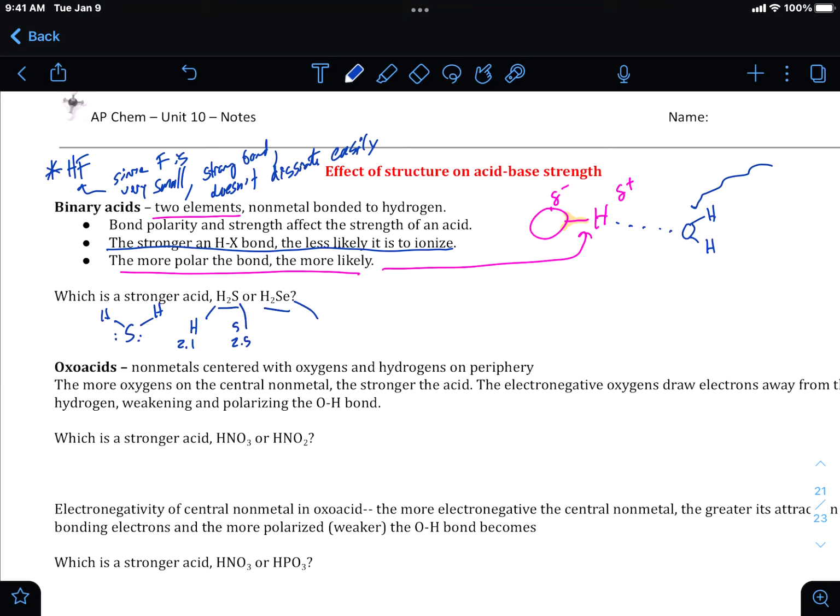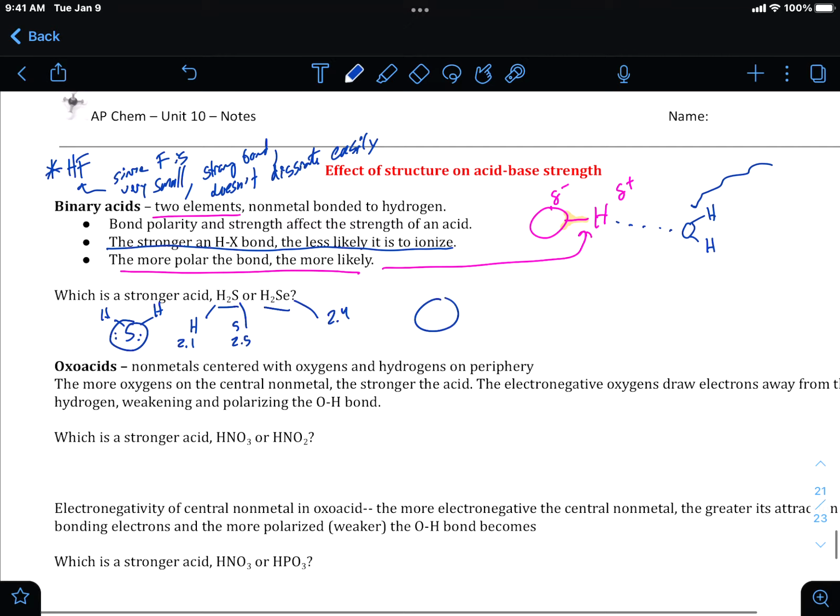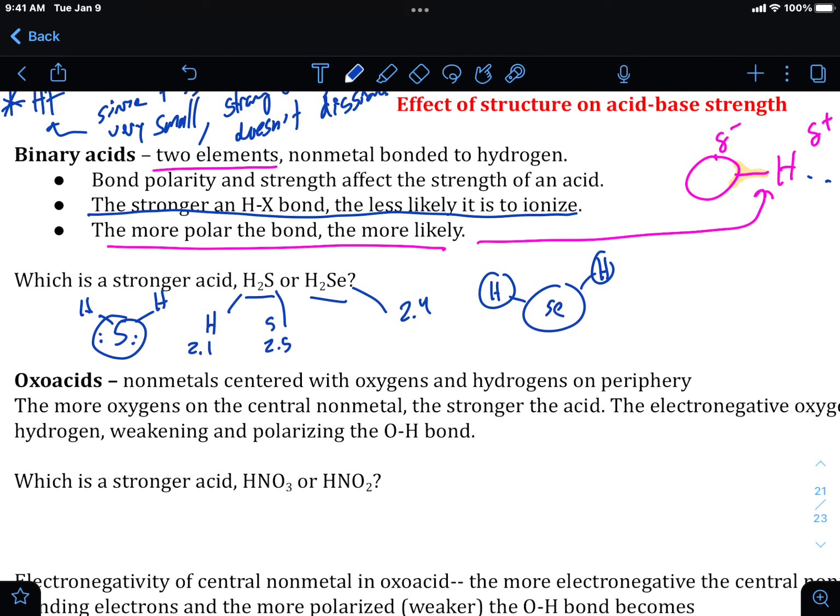So selenium's electronegativity is 2.4. And it's actually a bigger atom. So between these two, we've got a more polar bond in H2S. That bond polarity means that the hydrogen is more likely to dissociate off of H2S than it is H2Se.